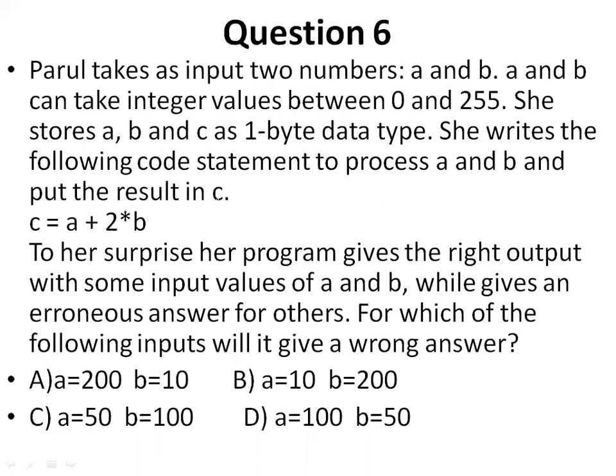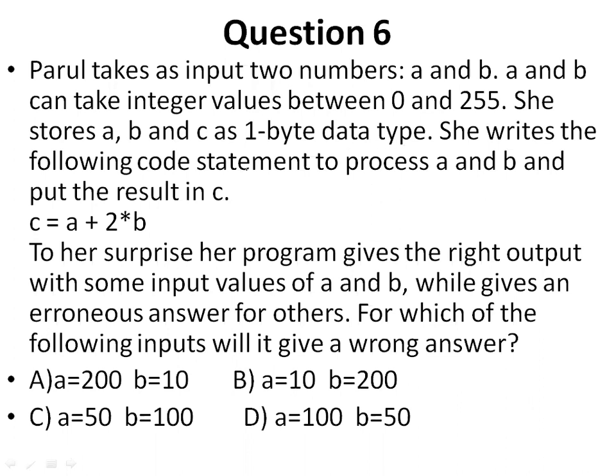Now, next question, sixth question. Parul takes as input two numbers, A and B. A and B can take integer values between 0 and 255. She stores A, B, and C as a 1 byte data type.